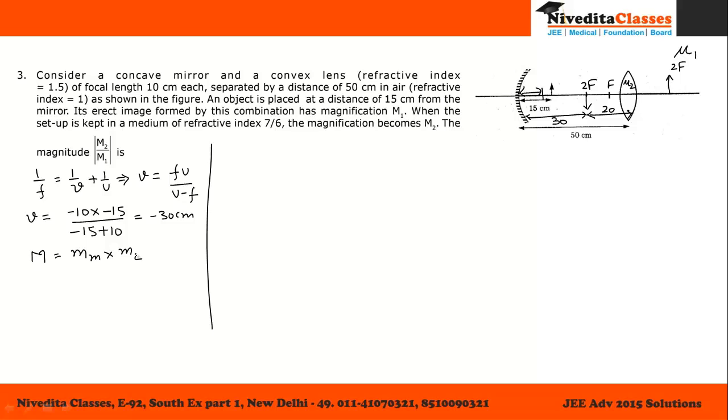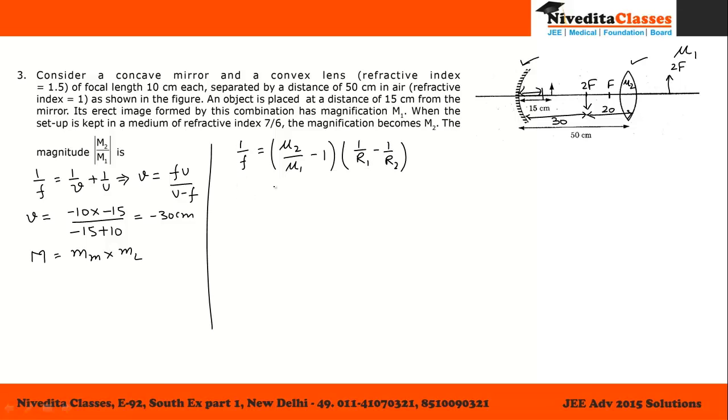Okay, so now let's take our second case. In the second case, when we keep the whole setup in a different medium, nothing will change for the mirror, but definitely the focal length of the lens will change. As we know, the focal length of a lens is given as 1 by f equals mu2 divided by mu1 minus 1 into 1 by r1 minus 1 by r2.